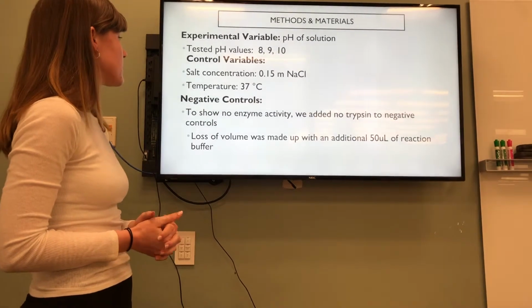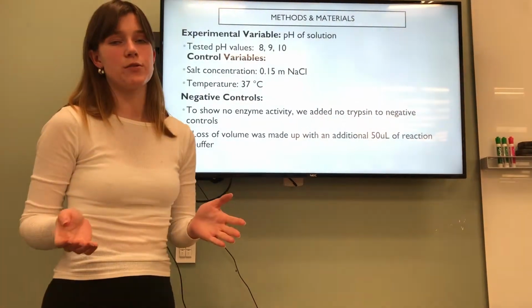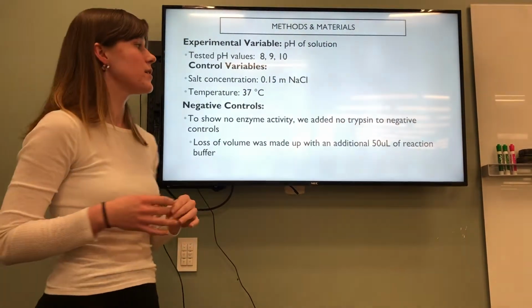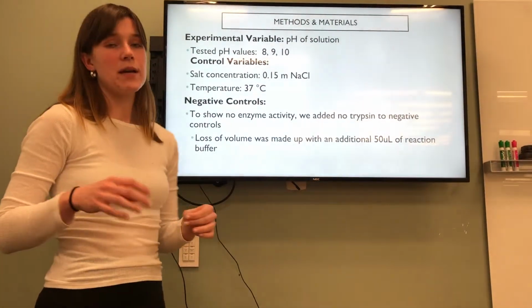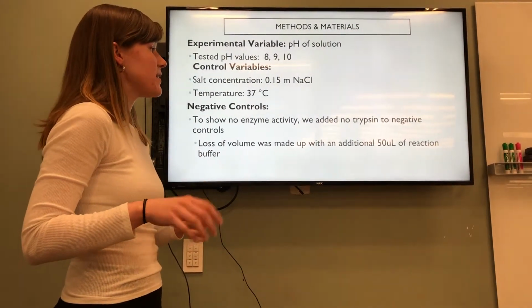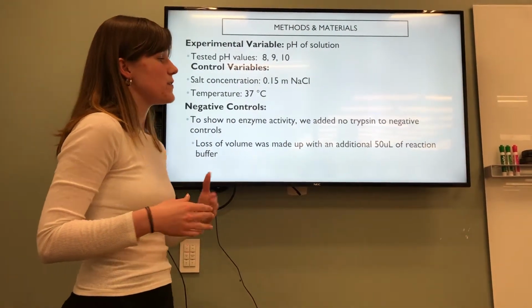For our negative controls, to show no enzyme activity, we added no trypsin. And to make up for the loss of volume in the test tubes, we added an additional 50 microliters of reaction buffer.